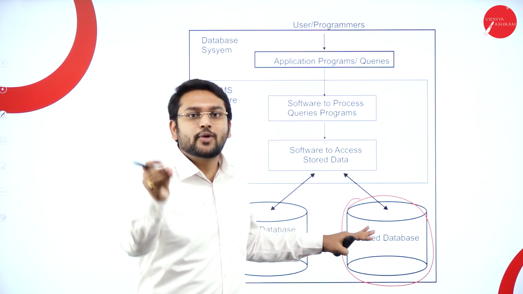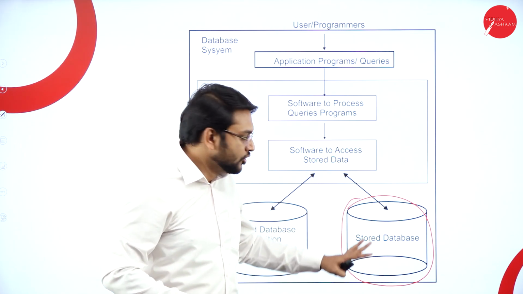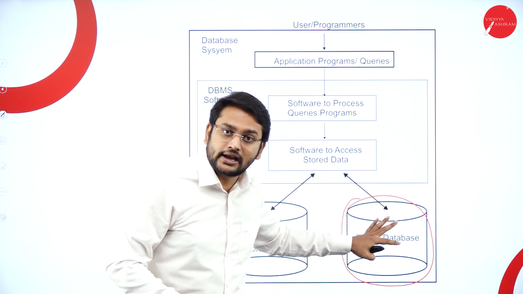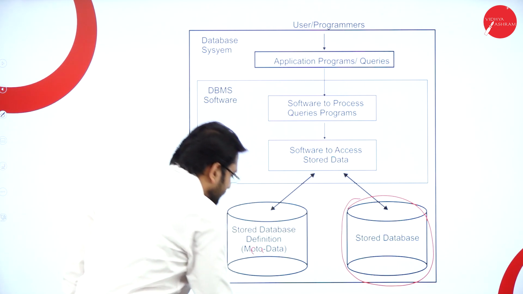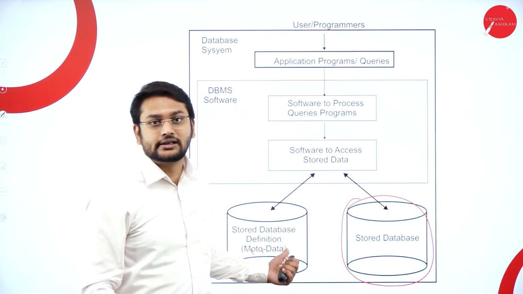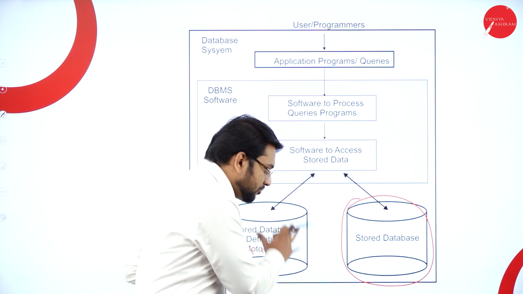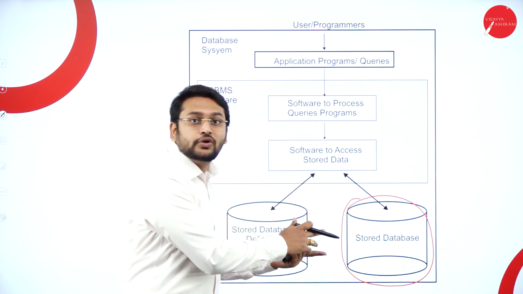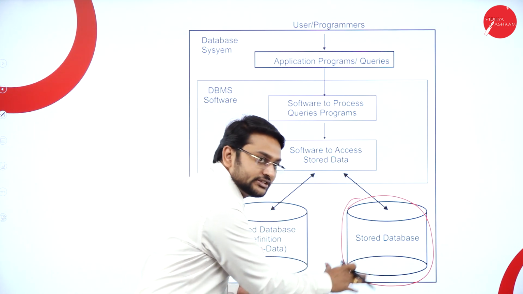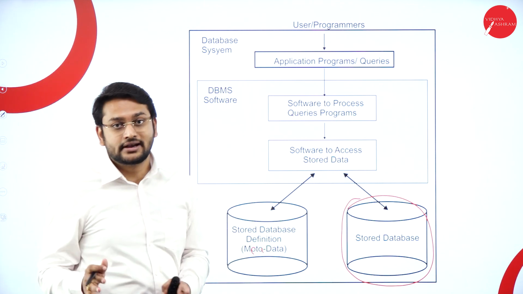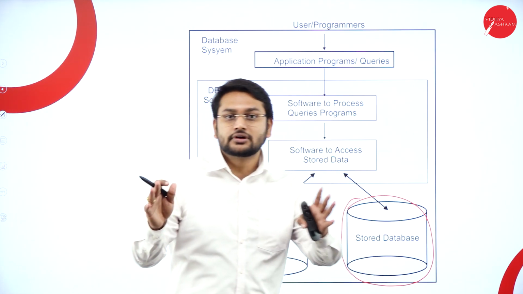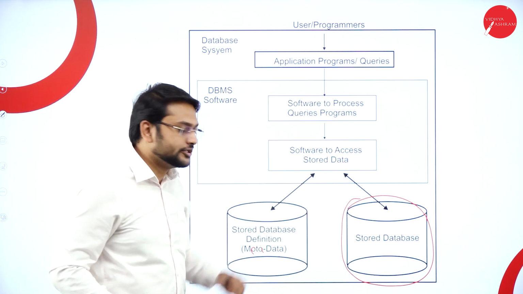So here I have stored the data, and here I have stored the metadata, the data about the data. I have two databases. The first database stores the metadata, and here I store the data.